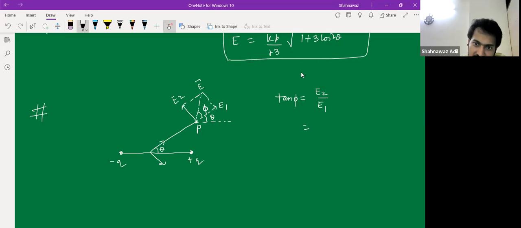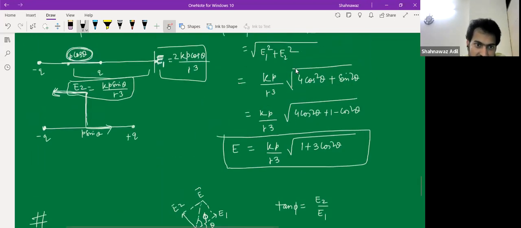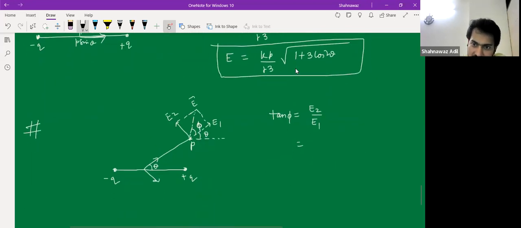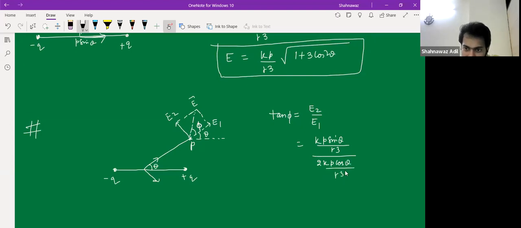E2 is Kp sin theta by r cubed, and E1 is 2Kp cos theta by r cubed. Right. So this cancels, and we have tan phi equals tan theta by 2.